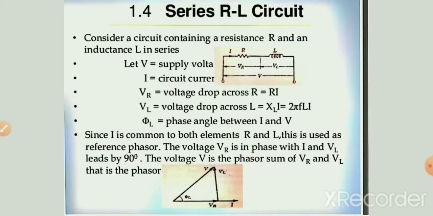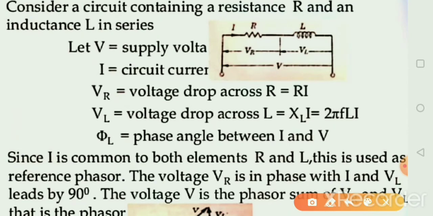If voltage and current are drawn from the supply, if we see this figure, here the voltage is Vm sin omega t. Here the R and L, meaning resistance and inductance, are in series.